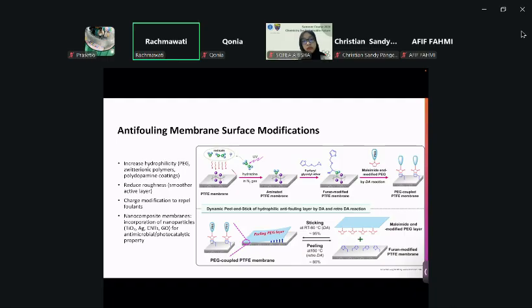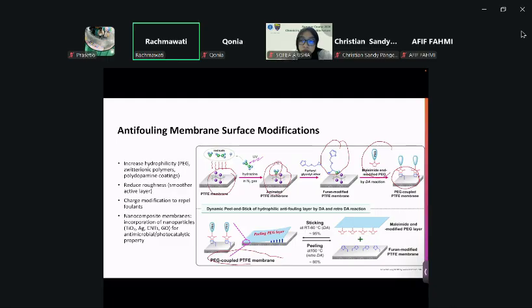You have PTFE, you have hydrazine, and you modify one, and you attach another, which is furfuryl glycidyl ether, and then you introduce PEG with the maleimide-modified PEG. So you actually have a Diels-Alder reaction over here, and then you can have a PEG-coupled PTFE membrane.